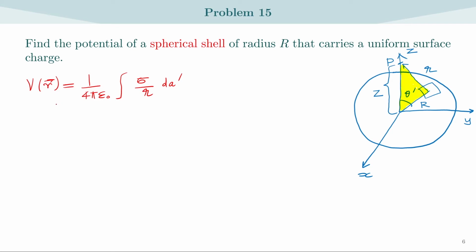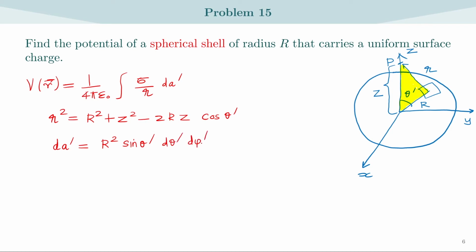Applying the law of cosines to the shaded triangle, we have r² = R² + z² − 2Rz cos θ′. Now, an element of surface area on the sphere is given by R² sin θ′ dθ′ dφ′.